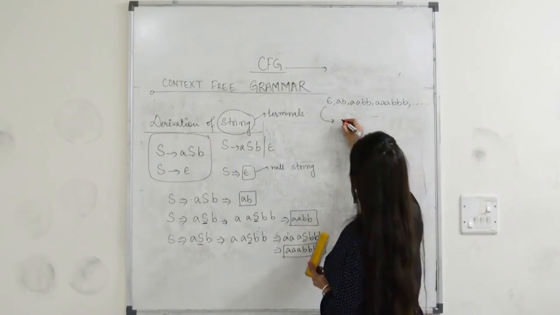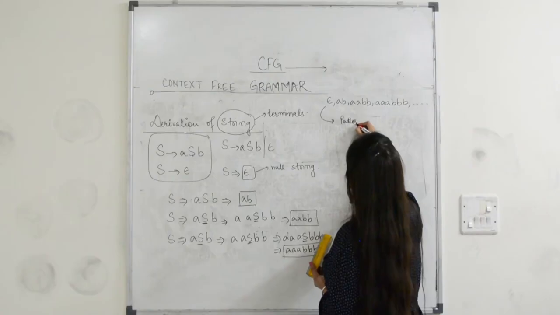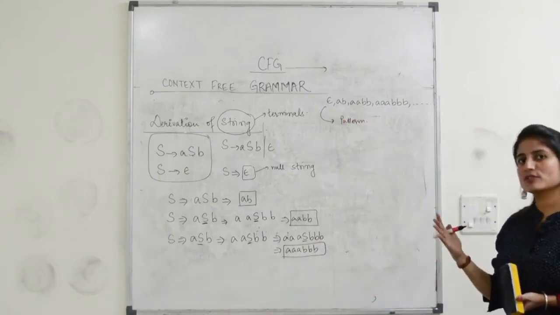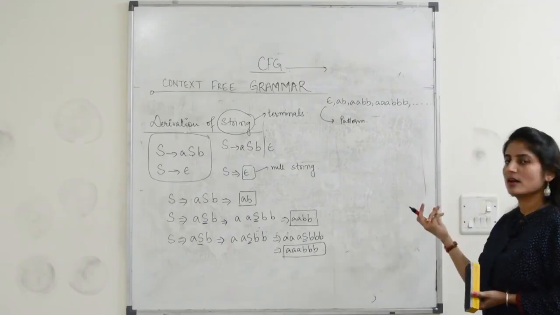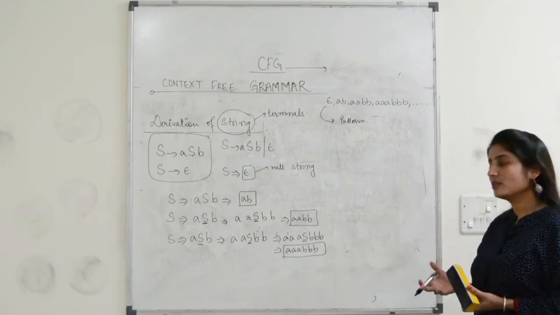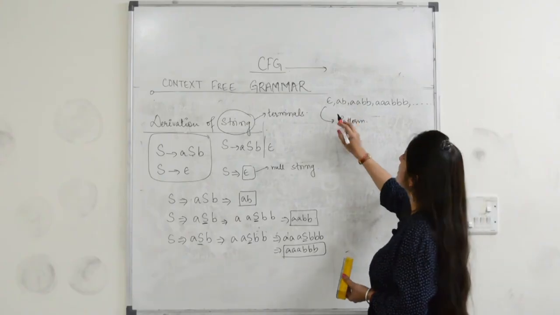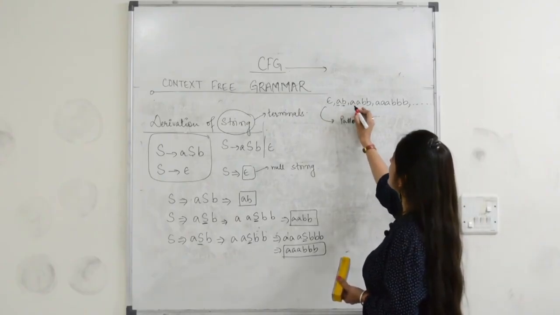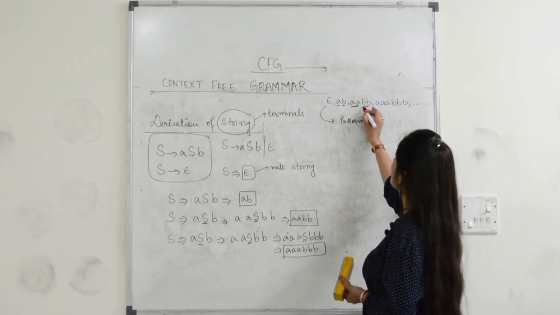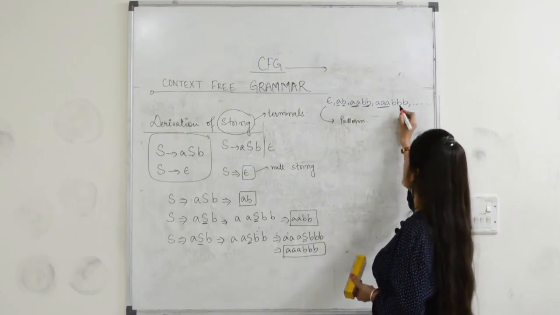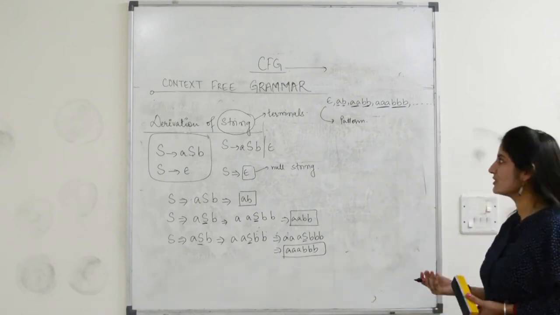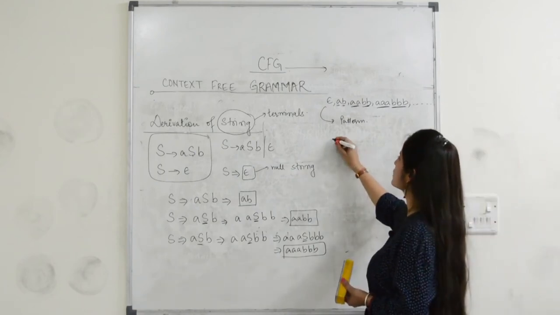To find out the pattern of the strings, what we can do is derive around 5 to 6 strings and then generalize a pattern for it, and that will be called your language. So here we can see that we have one A and one B, then 2 A's followed by 2 B's, 3 A's followed by 3 B's. So if we have to write it in the form of a language, we can simply represent it this way.